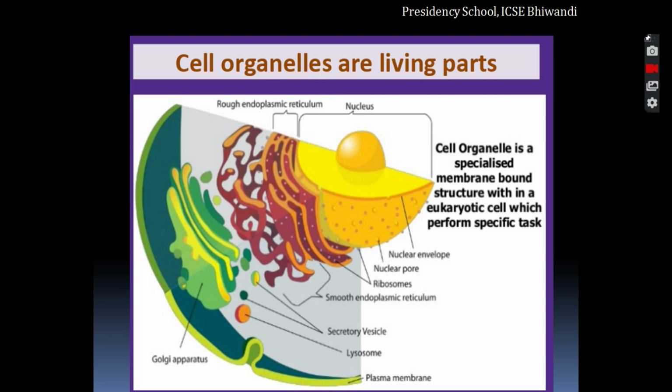When I say cell organelles, it means they are the organs of a cell. Like in a human body, we have different organs to carry out activities, like the stomach, intestine, liver and kidney. In the same way, the cell also has different cell organelles to carry out activities. Let's understand the cell organelles in detail.